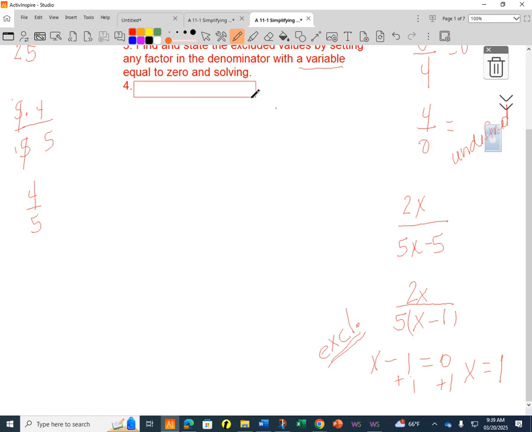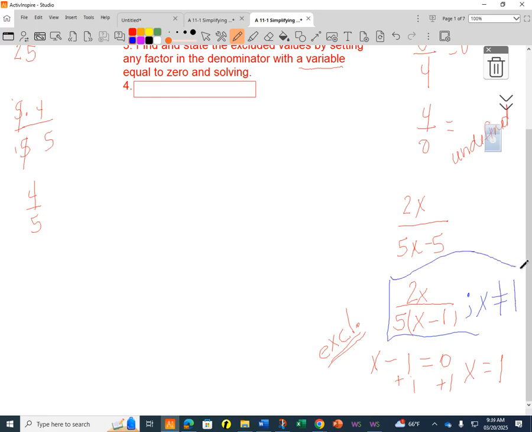So I would give my final answer, because I can't factor anything out of top and bottom. This would actually be my final answer, but I'm going to put a little semicolon here and say x is not equal to 1.